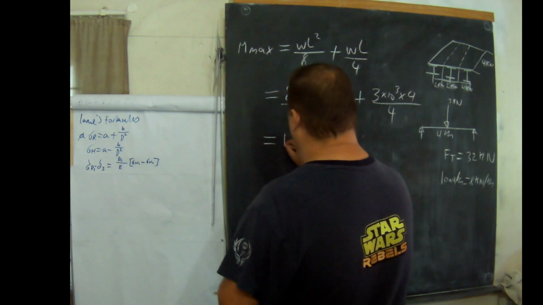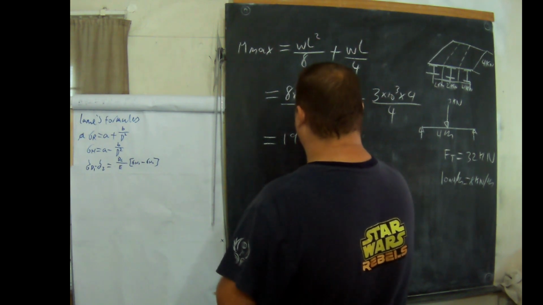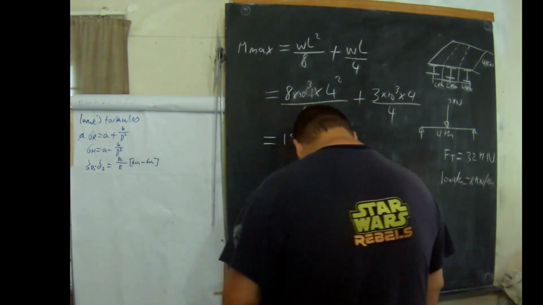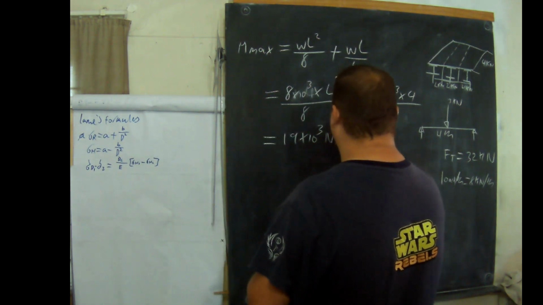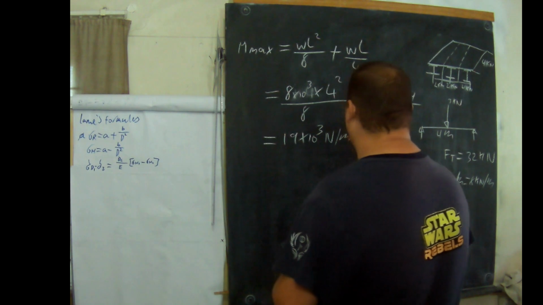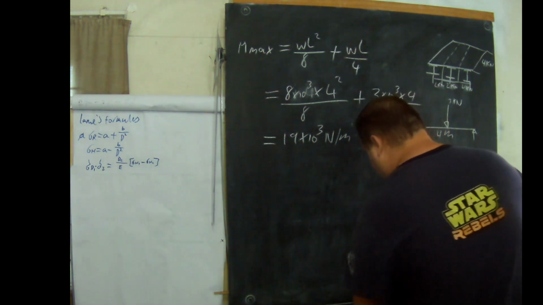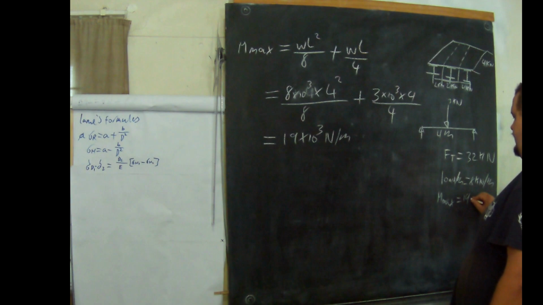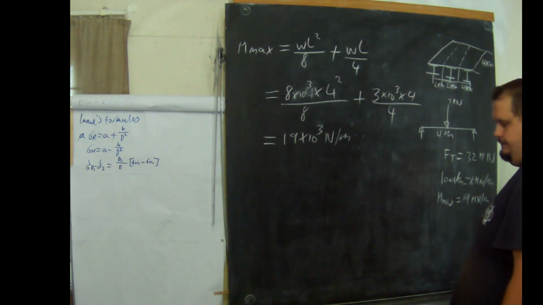So this is 19 times 10 to the 3 newton meters. We want it in kilonewtons, so M max is equal to 19 kilonewton meters.